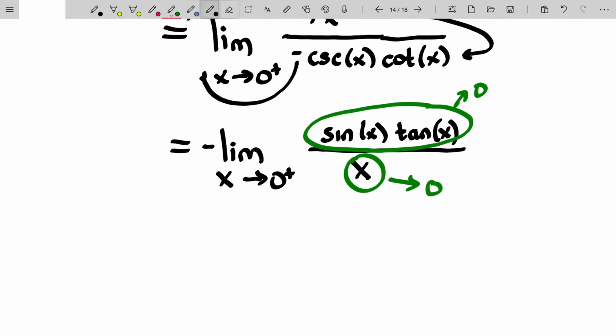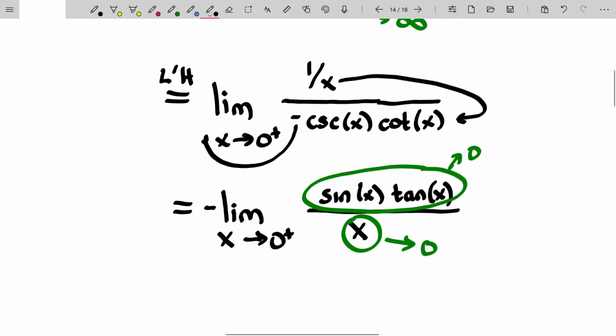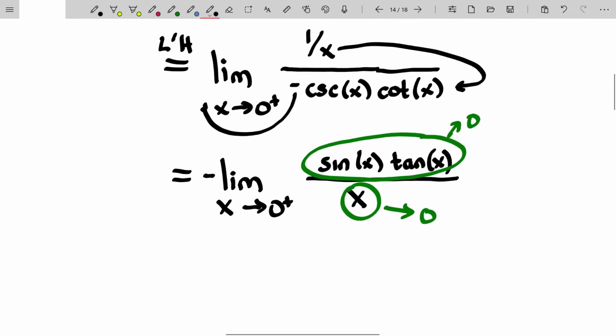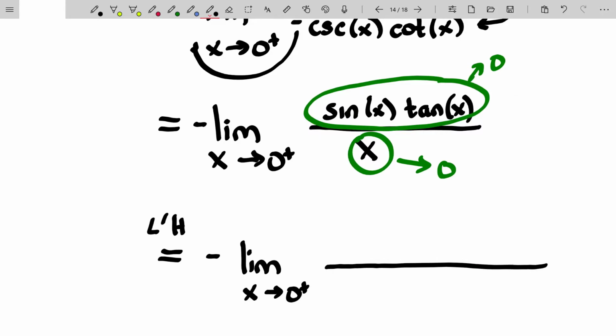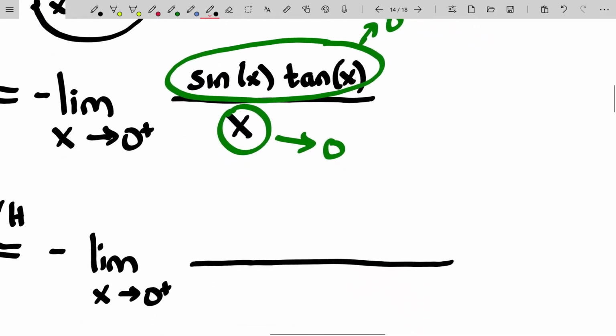That's beautiful. So a little bit of algebraic manipulation and a little bit of trig was used prior to doing my next step in calculus. And via L'Hopital's rule, we get a negative limit as x approaches 0, again, from the right-hand side. I will have a product rule in the numerator. That's not going to be a killer.